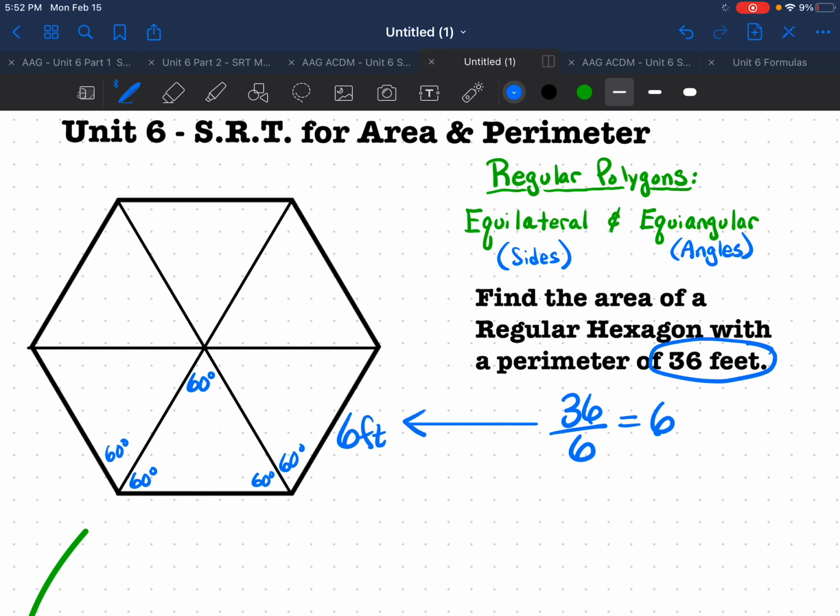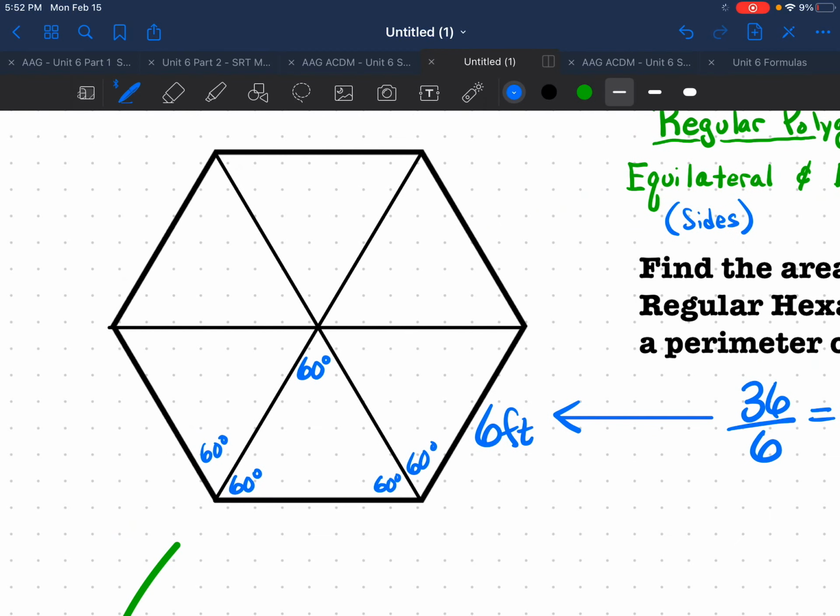Since this is a regular hexagon, it has all 6 equal sides and also the same angles. If this is an equilateral triangle, then all sides are 6, and I can go all the way around. Every side length on here is 6 feet.